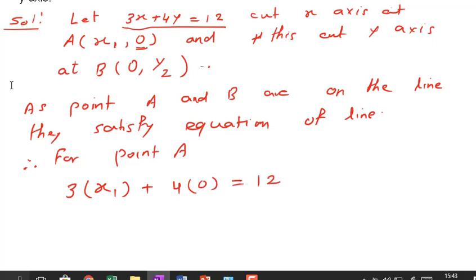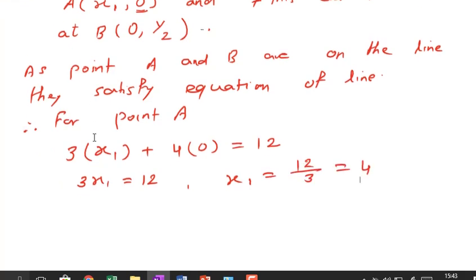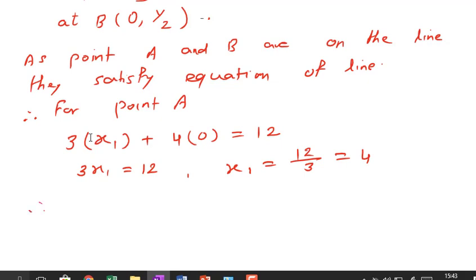That gives me 3x1 equals 12, so x1 is 12 upon 3, which is 4. Therefore point A is 4 comma 0.